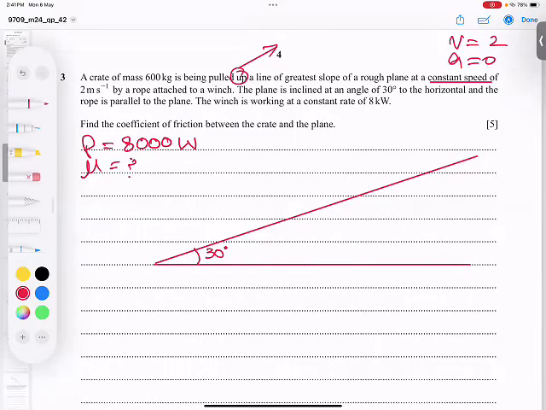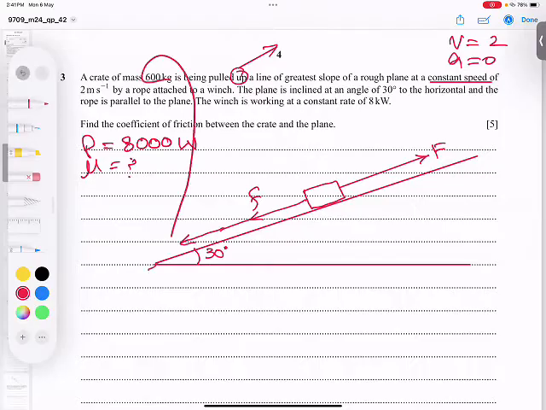So let's work on a crate. So let's say a crate, this kind of crate. So this is the applied force. This is naturally the friction force. This is mg sine theta. What is the mass? 600. And the basic formula mg sine theta. So I'm writing here m is 600, g is 10, and theta is 30.